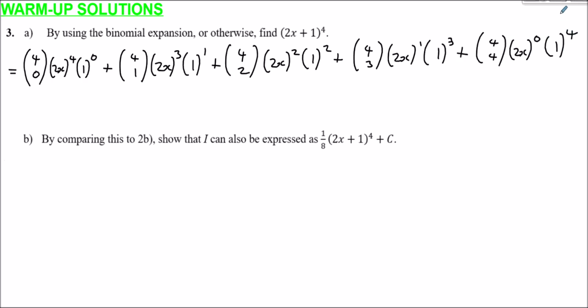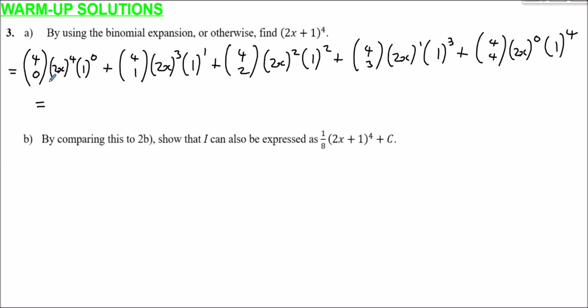My habit is to write it out the long way. There are shortcuts to this. For example, the last term will always just be that number to the power 4. The first term will always just be (2x) to the power 4. But writing it like this, I think you can easily see the pattern of how these numbers are changing.